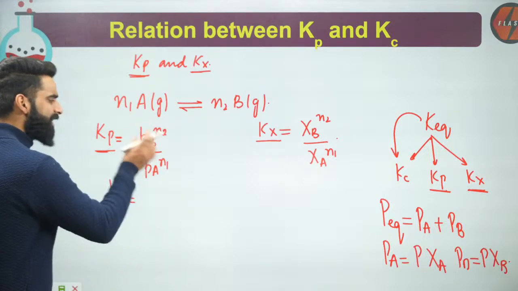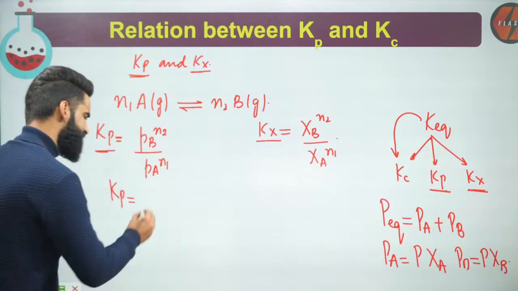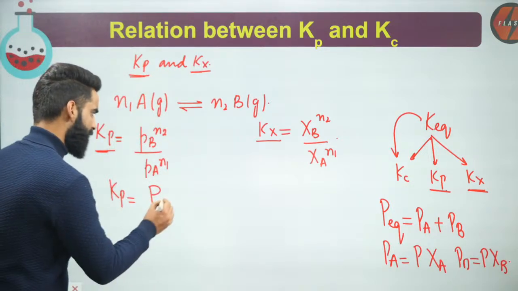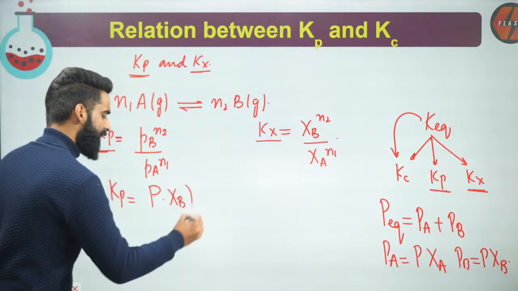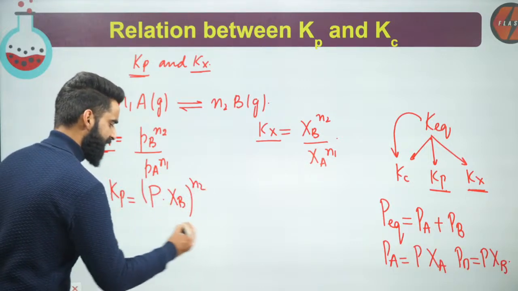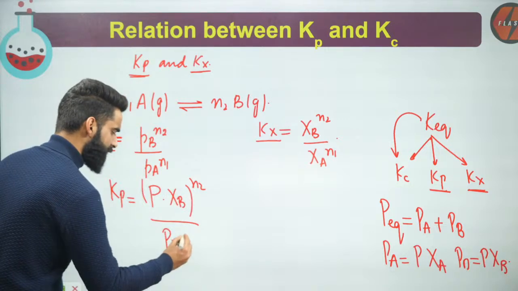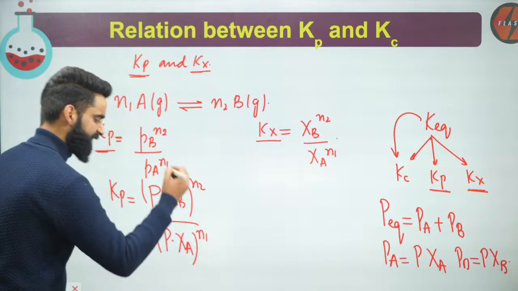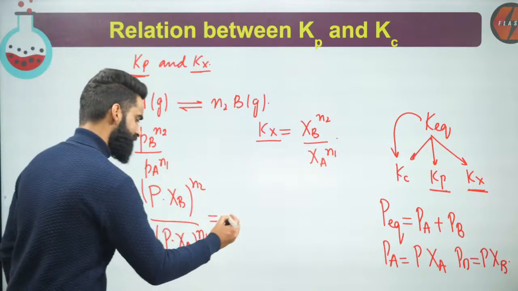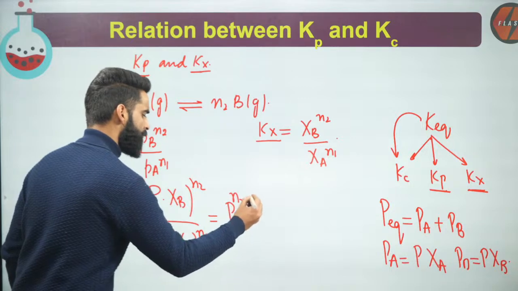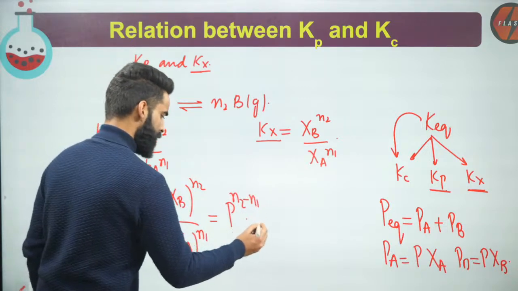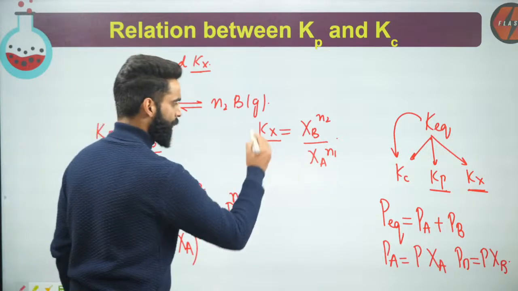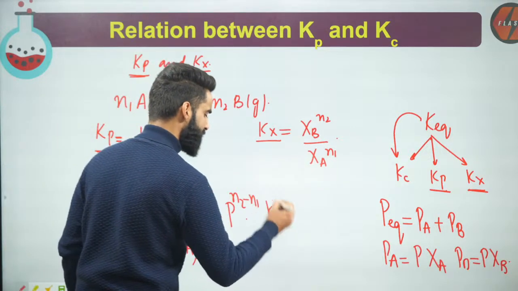Kp will be equal to partial pressure of B at equilibrium, which is total pressure multiplied by mole fraction of B at equilibrium to the power n2, divided by partial pressure of A, which is total pressure multiplied by mole fraction of A at equilibrium to the power n1. I can write it like this: P to the power n2 minus n1 multiplied by mole fraction of B to the power n2 divided by mole fraction of A to the power n1. Do we call this term Kx? Yes, we call this Kx.